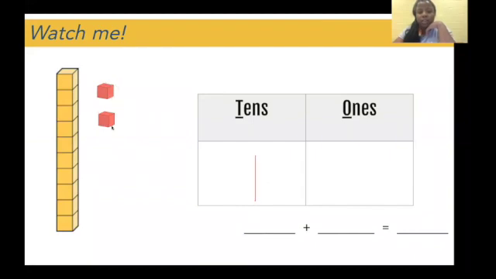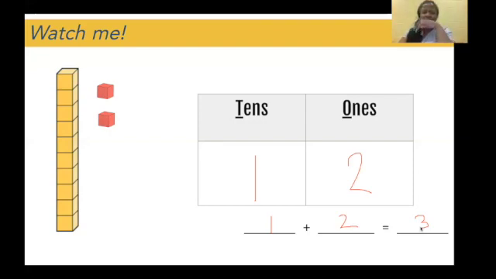I have 1, 2, I have 2 ones. I am now going to put together an addition sentence to see how many I have all together. So I have 1 plus 2 equals 3.